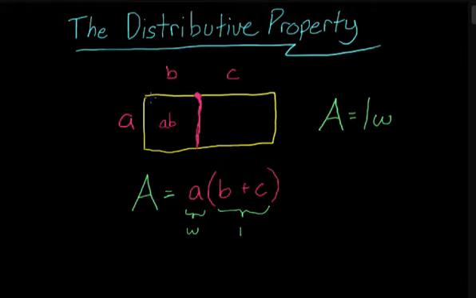Both of these rectangles have the same width, a. It's almost as if the width a is distributed along the length of this rectangle. Because this width is a and this length is c, the area of this part of the rectangle is a times c. And so we can say that the area is the sum of ab plus this second area, ac. So let's write that out.